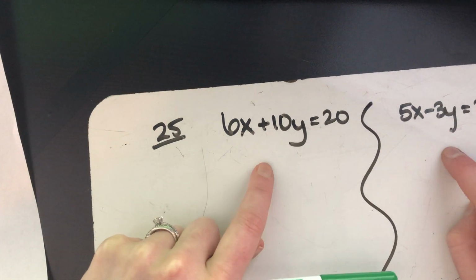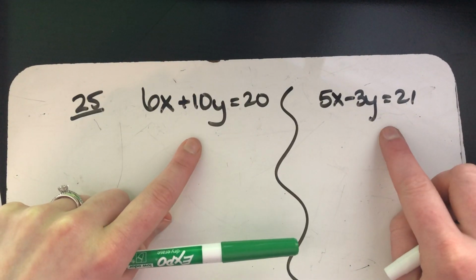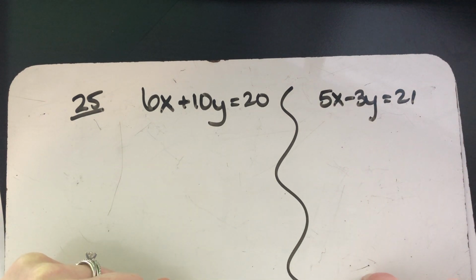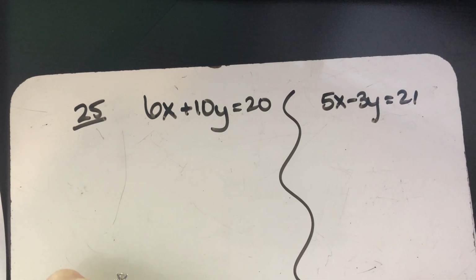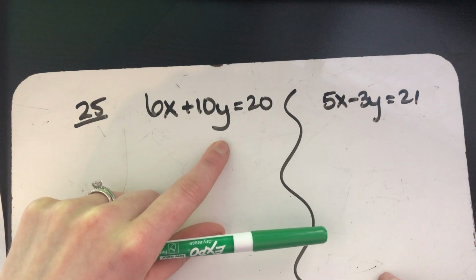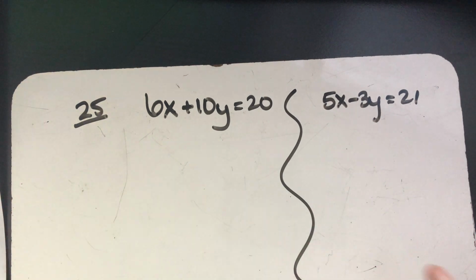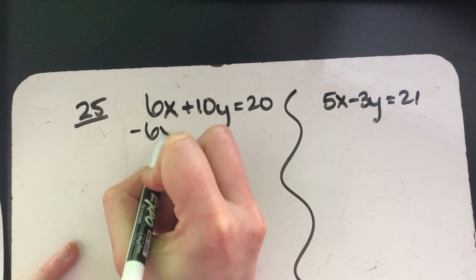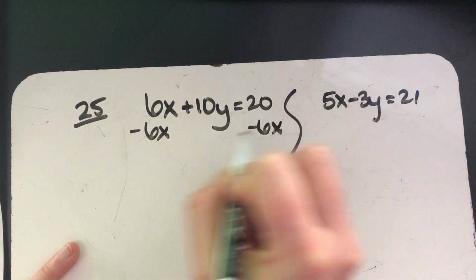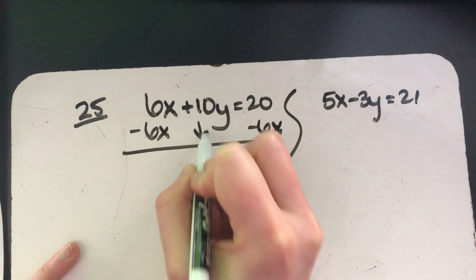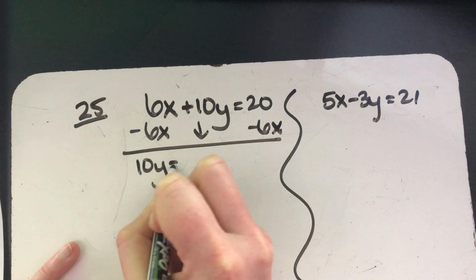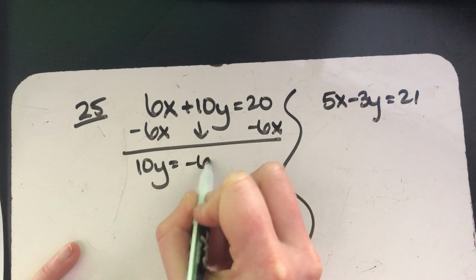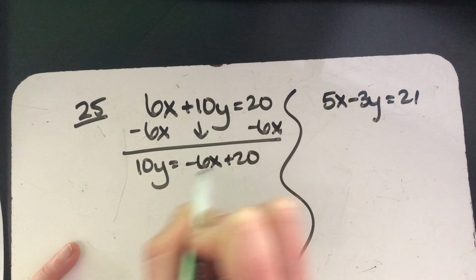So I need to get these two into the format of y equals mx plus b. It's like we've been doing with algebra in the beginning of the school year. Get y by itself, isolate the variable. First thing, subtract 6x, bring down my 10y. So I now have negative 6x plus 20.